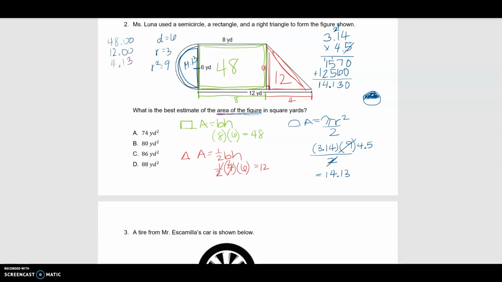I'm gonna line them up, so 13, 8, 9, 10, plus 4 is 14, 4, 5, 6, 7. So I got 74.13. So my estimate is going to be about 74.